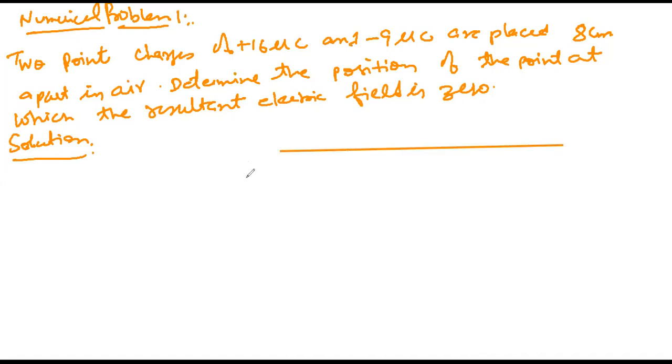This is A here, then B is here. Value of A is 16 microcoulomb positive and value of B is minus 9 microcoulomb, it's negative. So check here what the electric field is. Electric field E1 will be here and E2 will be here.